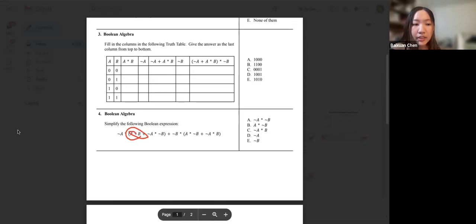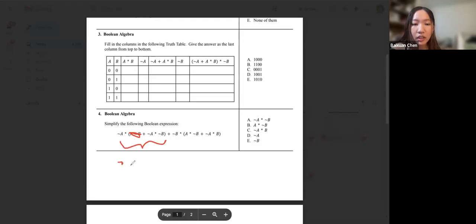This works because no matter what value A is, if A is 1, then not A will be 0 and 0 times 1 is 0. Or if A is 0, then not A will be 1 and 0 times 1 will be 0 again. So no matter what, A times not A will be 0. So you can just cross that part of the expression out.